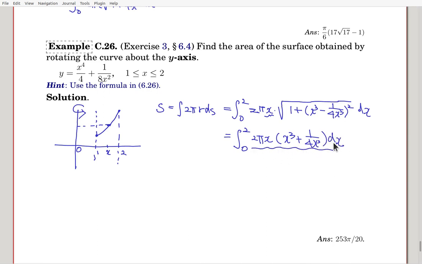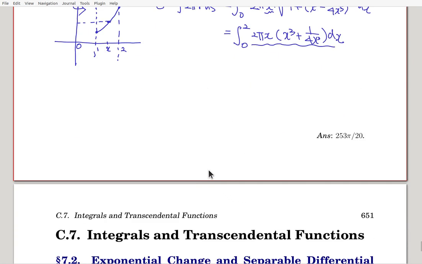From now on, the computation is quite simple. You can do it yourself. That's the end of chapter 6. Thank you.